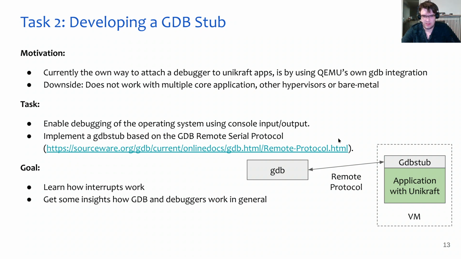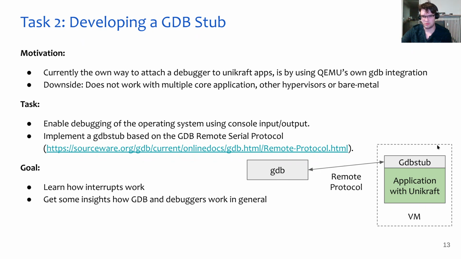So an alternative to this is having a GDB stub, which is a piece of software that would run inside the unikernel itself. In this case, it's independent of what the hypervisor around it looks like.